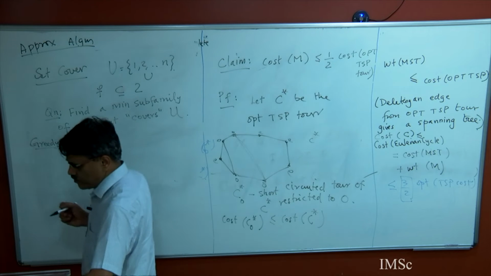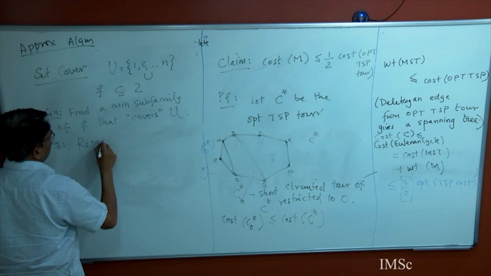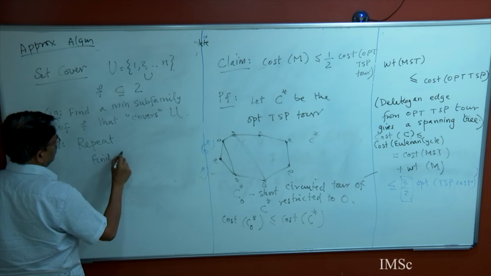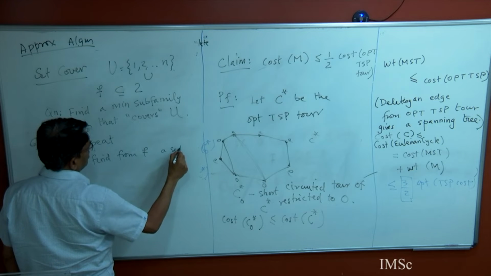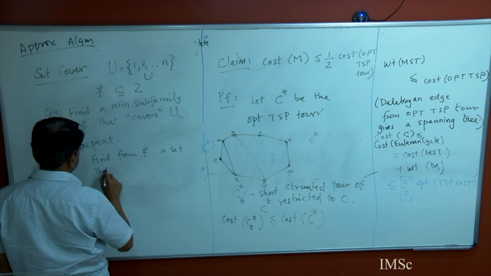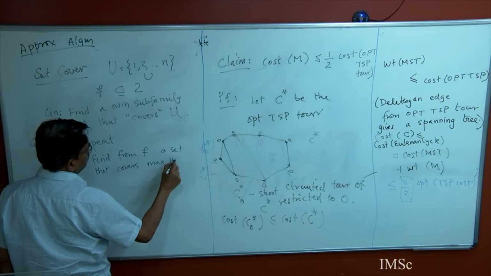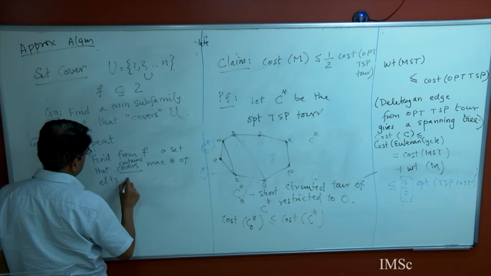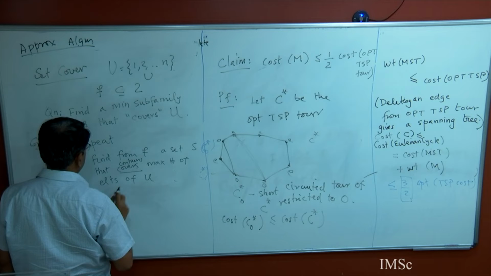Okay, so the greedy algorithm is: find from F a set that covers the maximum number of elements of U. Covers means contains, basically. So let's say S is that set.